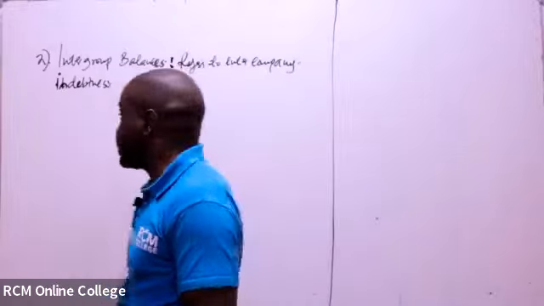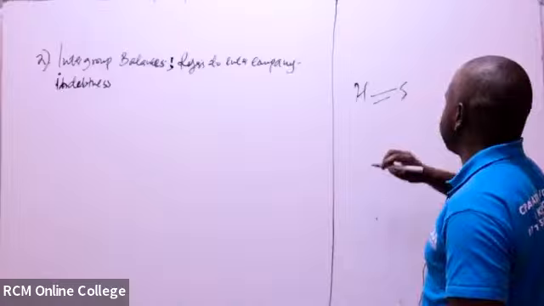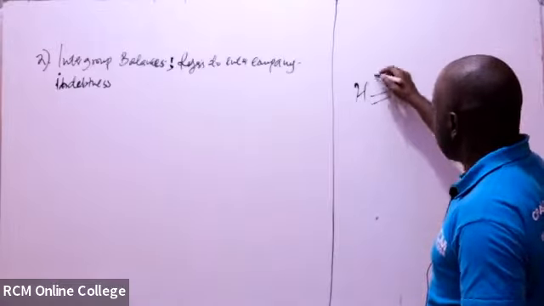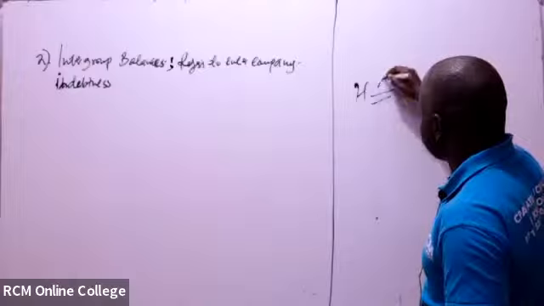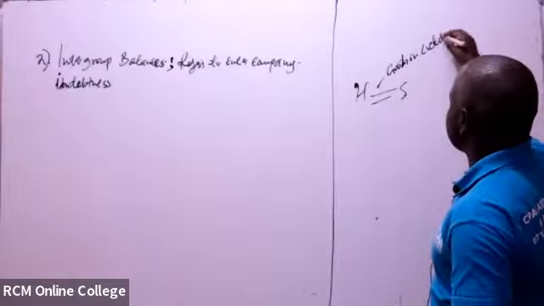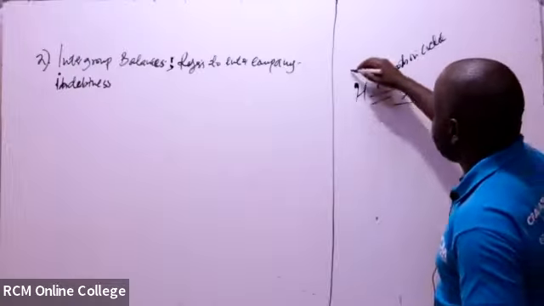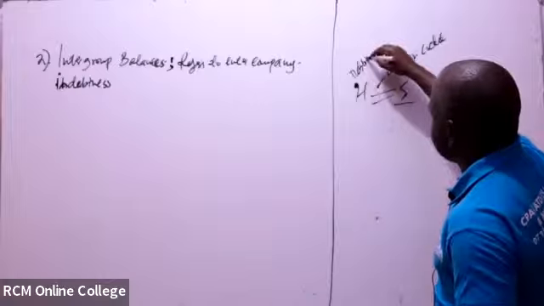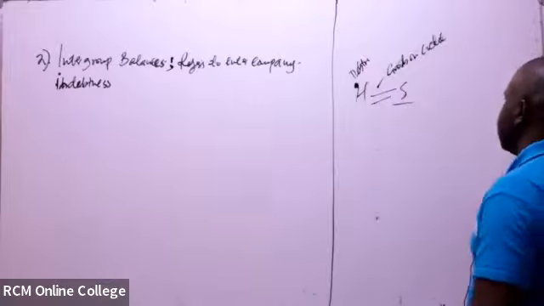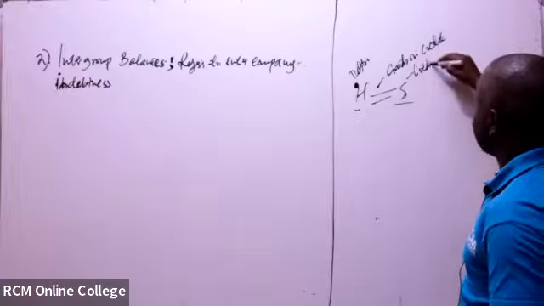For example, the holding company sold some goods on credit to maybe the subsidiary. Therefore this subsidiary becomes a debtor to the holding company, and the holding company becomes a creditor to this subsidiary.